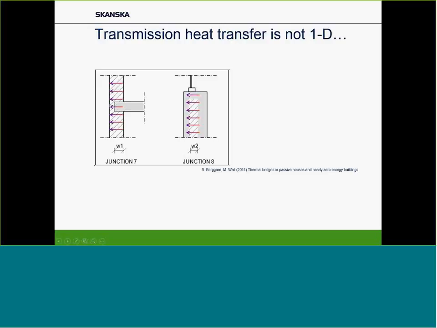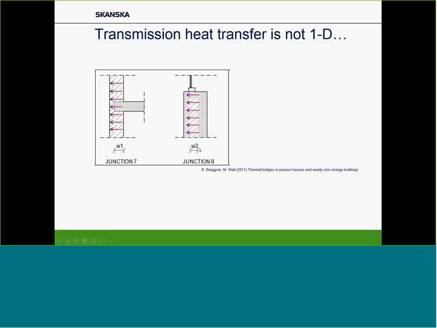So what they did, a lot of them, they say we calculate the lower U value for this small part of the building, and then we multiply it with the height, which gives some sort of value for a thermal bridge. And they did similar things for junctions close to windows, for example.